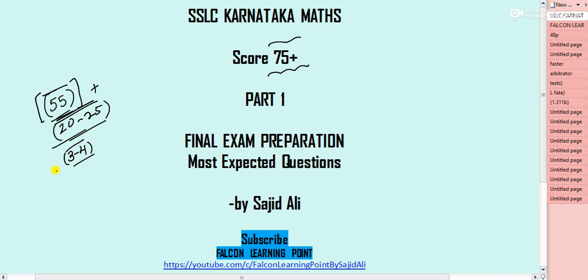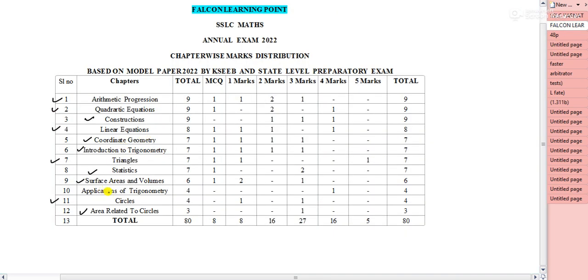Yes, I will be preparing you for 75 plus marks. But these two parts, that is the part 1 of 55 and the second part, are only for 55 marks. So that's why I'm not taking this chapter here, because only one question will be asked in your final exam for 4 marks. So that will be covered in the next video.